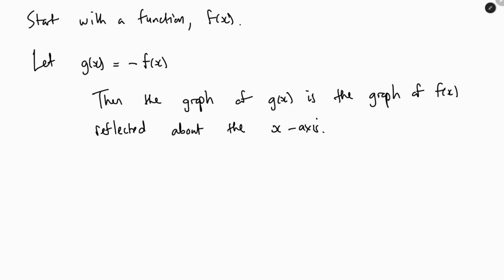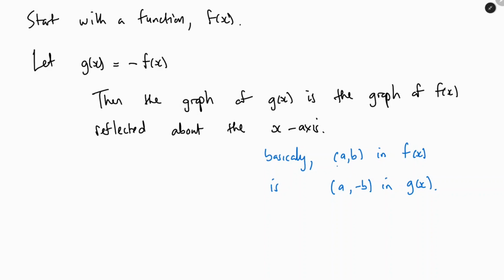So what does it mean? It means basically if we have a point, say (a, b), on the graph of f of x, that point is (a, minus b) in the graph of g of x.